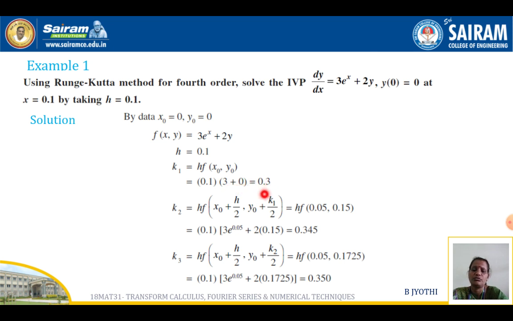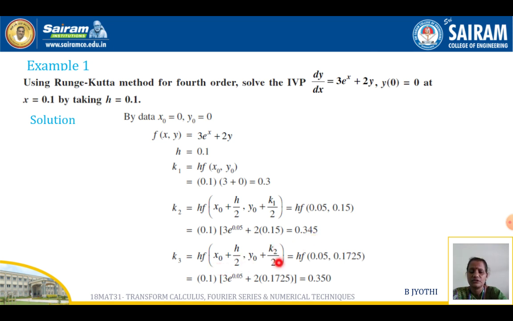So we get 0.3. Similarly, k2 is obtained by getting this as the x value and this as the y value, and 3 into x value and 2 into y value. So we get this 3 into e power of x value and this one, 0.345, we get it.